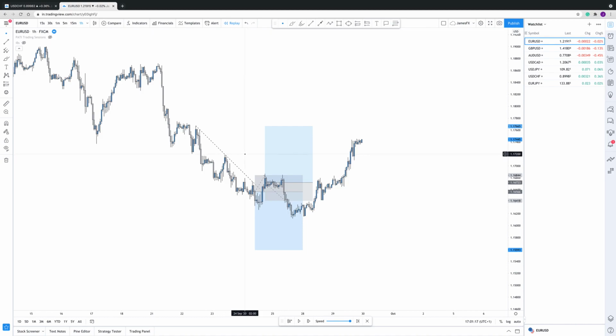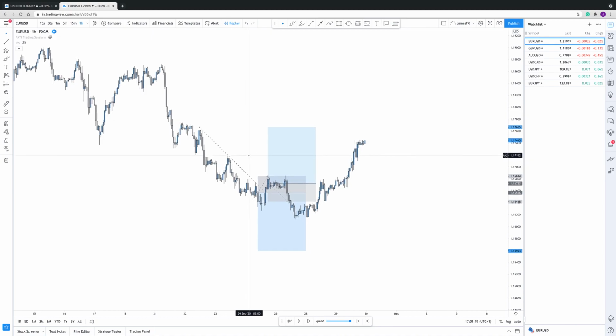This happens all the time, and it's about understanding why price is doing it. This needs to happen in order for price to move. Liquidity needs to be swept for a larger move to happen.